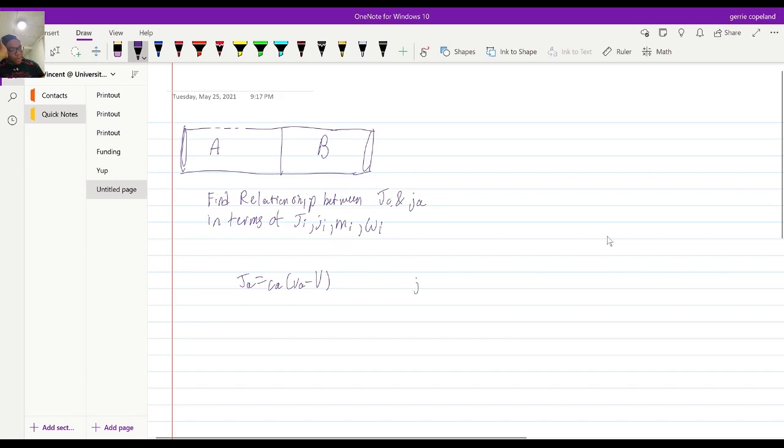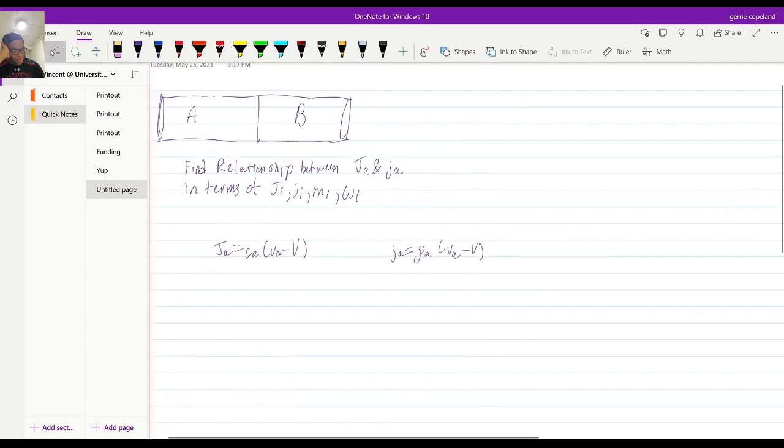And then for our mass diffusive flux, we have the density of A times the velocity of A minus the mass velocity.